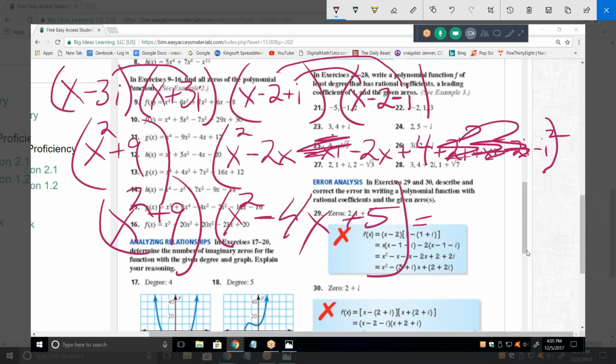So that is x to the fourth minus 4x to the third plus 5x squared, plus 9x squared, and then minus 36x plus 45.